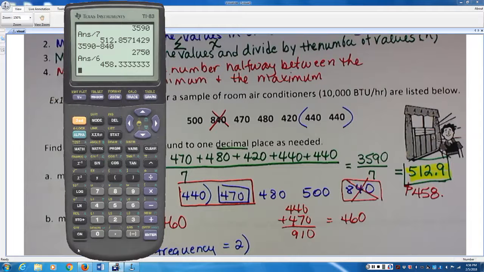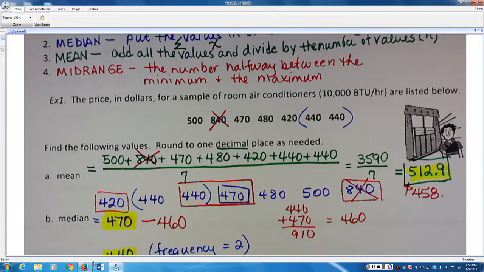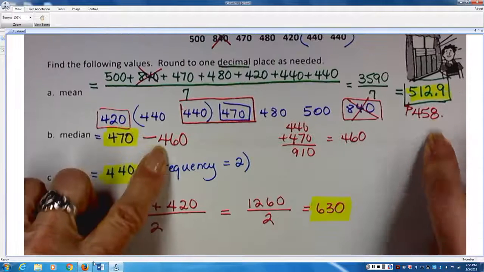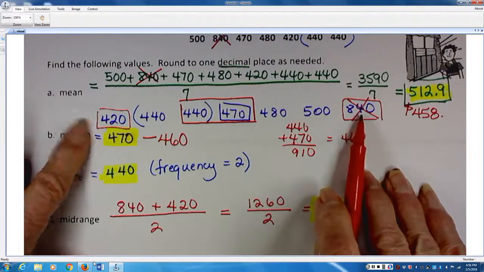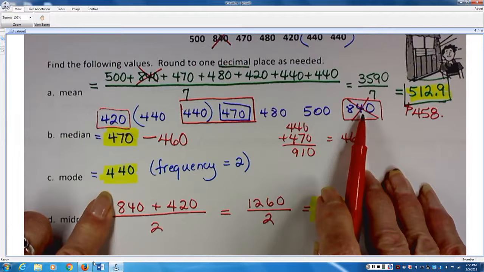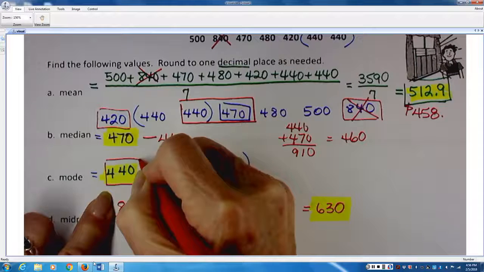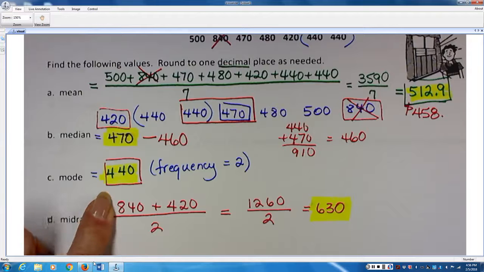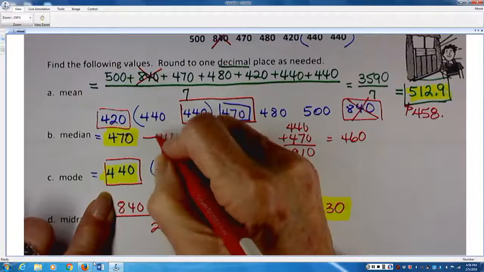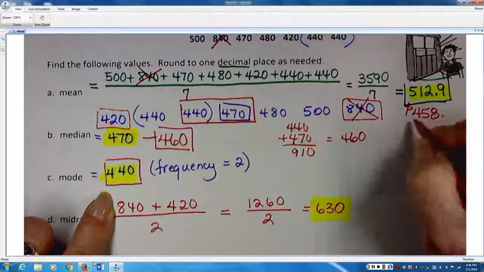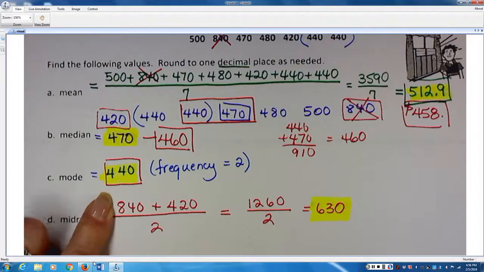And I don't need the calculator, so I'm going to get rid of it. So now the median is 460. $2 difference in the median and the mean. If I leave out the 840, does the mode change? Nope. So your choice of the mode was a good choice too. 440, 460, 458. All good ballpark answers.